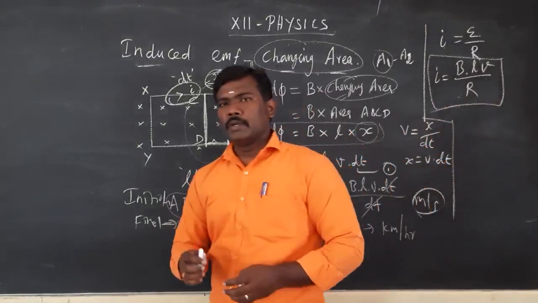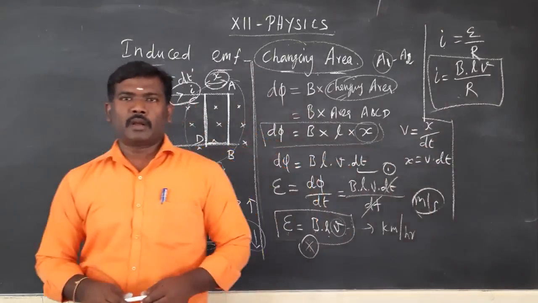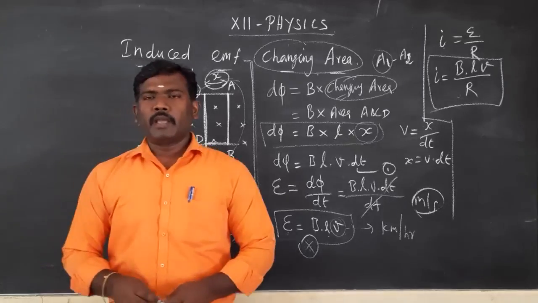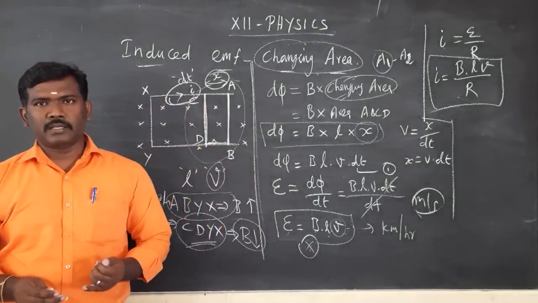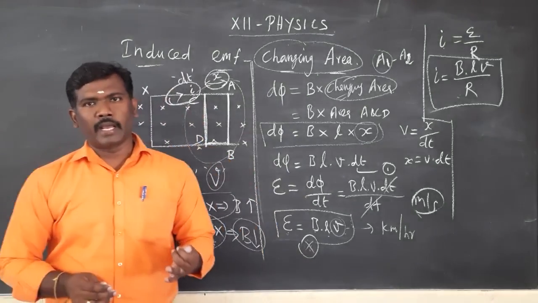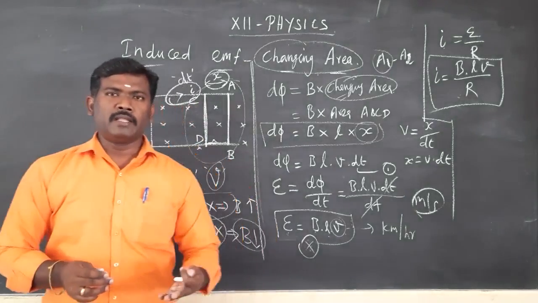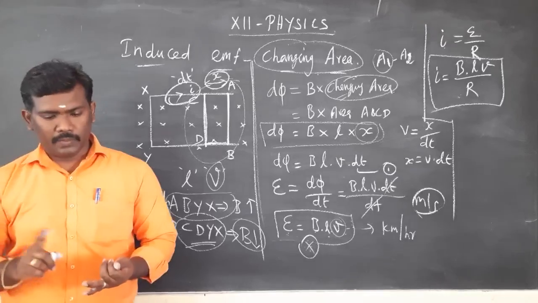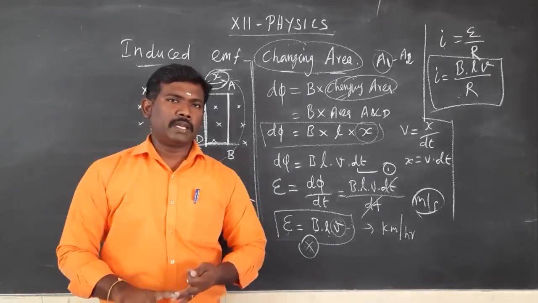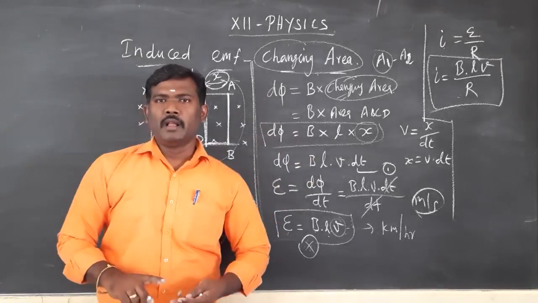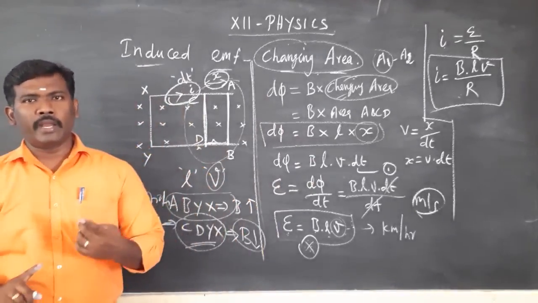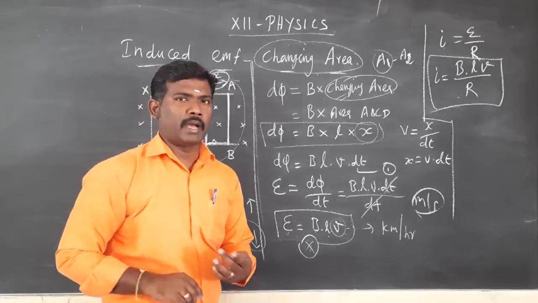So how do we produce induced EMF in a closed circuit? We can change the number of turns, we can change the magnetic field, we can change the area enclosed by the coil, or otherwise we can change the orientation of the coil with respect to the magnetic field.